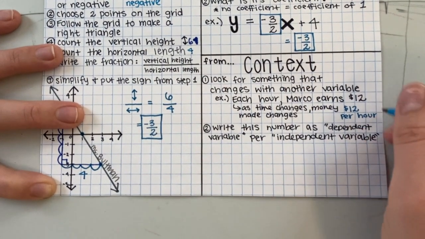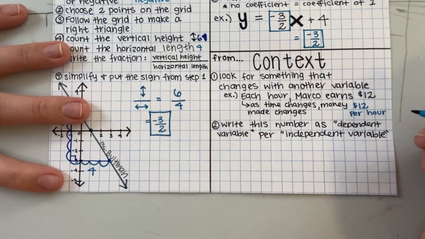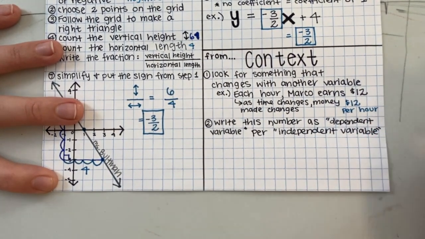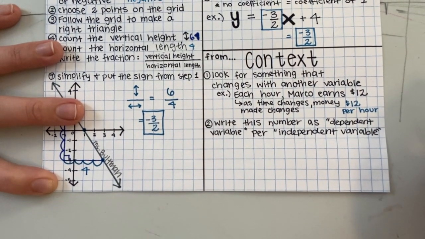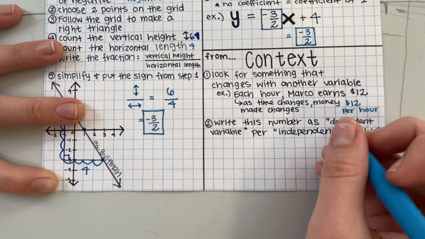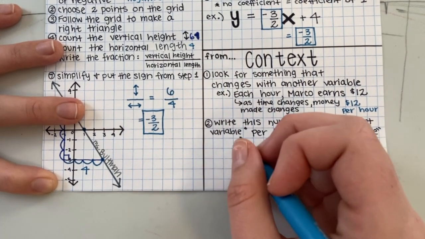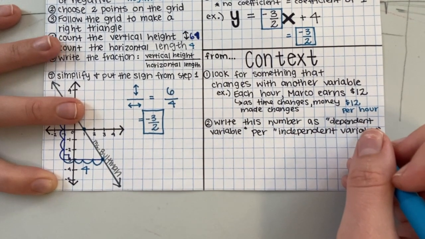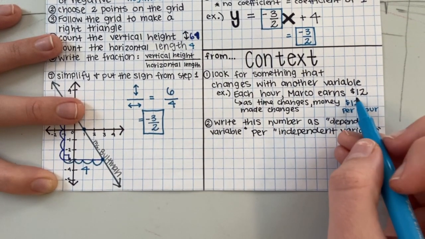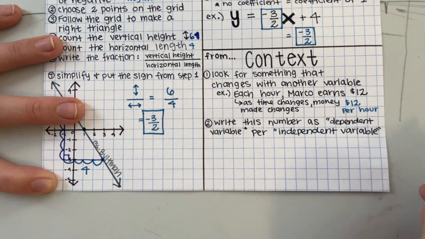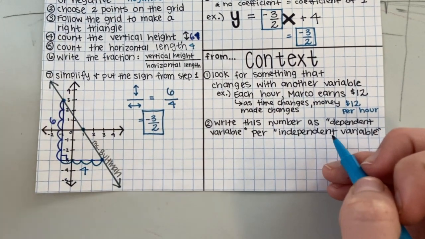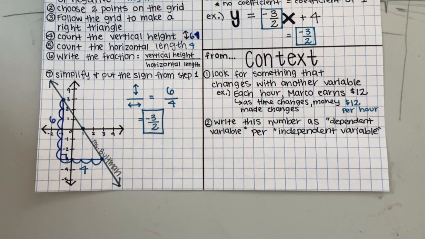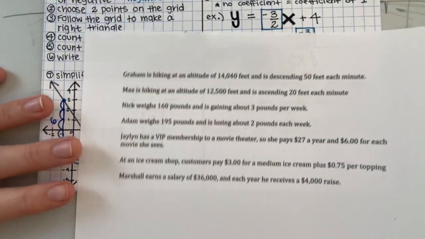So if I was asked for the slope in this scenario, it would be 12 over 1, because that's our changing variable. So this is our dependent variable per independent variable. So my amount of money is what's going to change depending on the number of hours I work. So let's look at a couple of examples for this, because I definitely think this is our trickiest one.